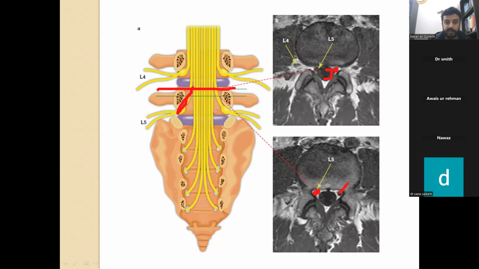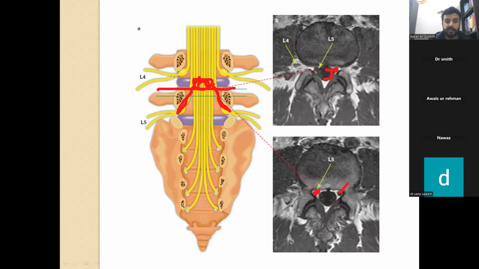Identifying these nerve roots is very important because of what we discussed about the central disc at this level. For example, let's comment on L4 and L5. If the disc is at L4-5, the central disc is going to compress more the nerve root of L5. This is the traversing root.